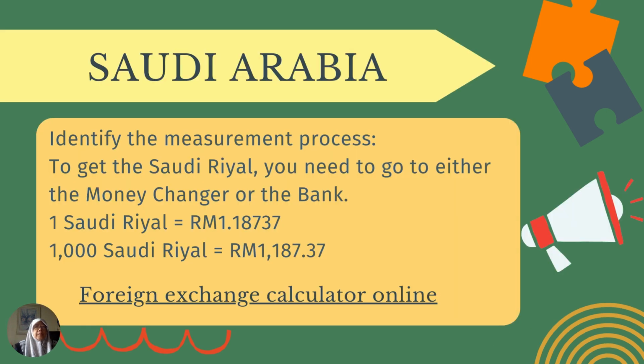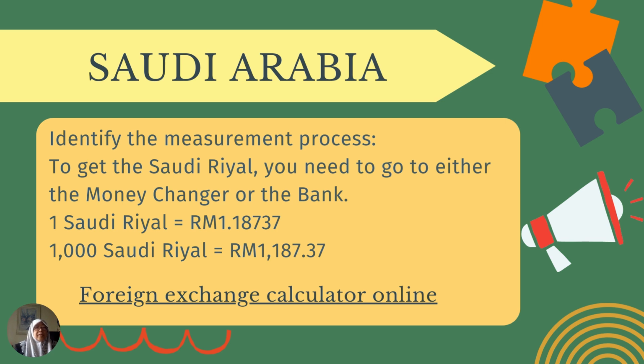All right, so first identify the measurement process. To get the Saudi riyal, you need to go to either the money changer or the bank. So one Saudi riyal is equal to 1 ringgit 0.18737. When I look at it on this day, it is 1 ringgit 18737.